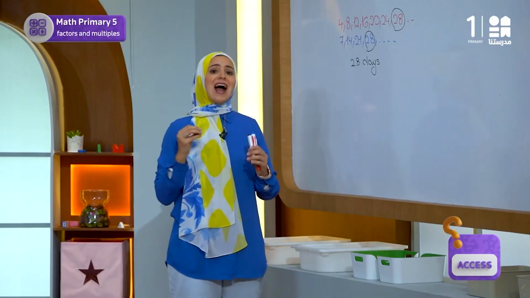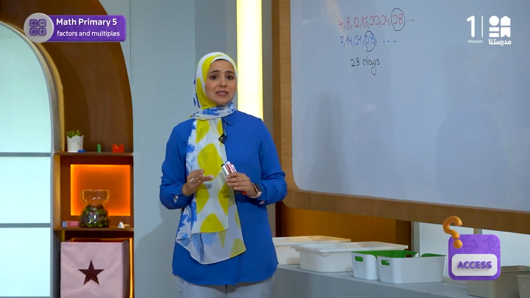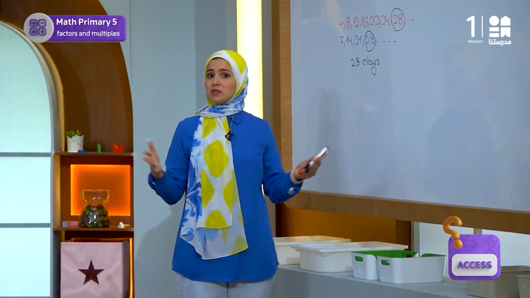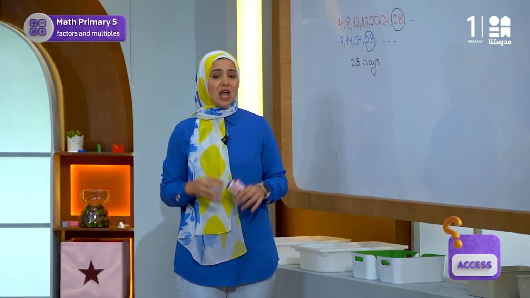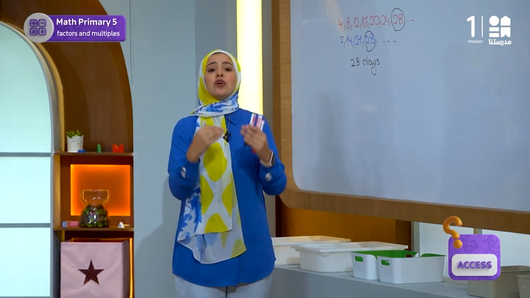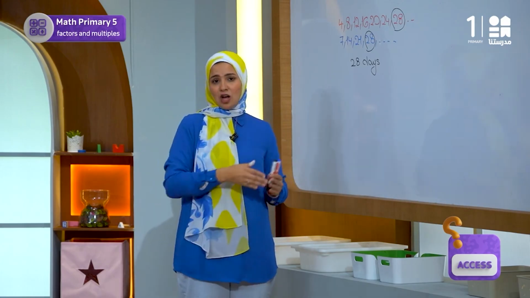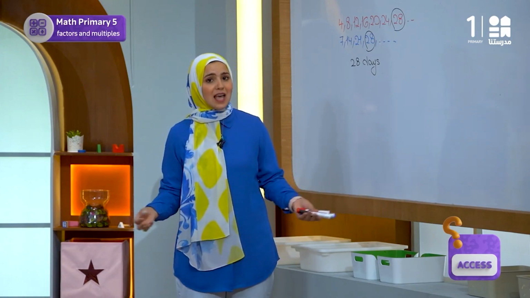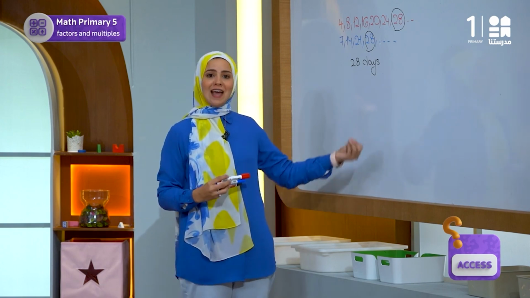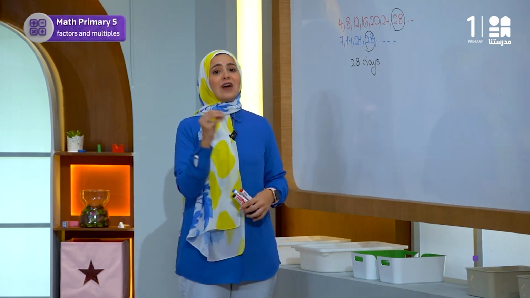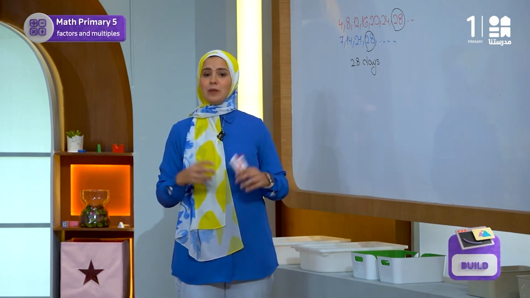Now we learned how our knowledge of multiples helped us solve a real-life situation we might face. That's why we need to further practice finding the greatest common factor and the least common multiple of 2 more numbers. That's what we will do in the next activity titled Factors and Multiples in Build.